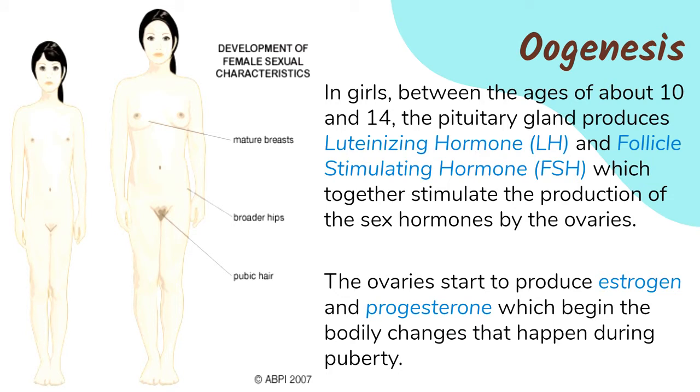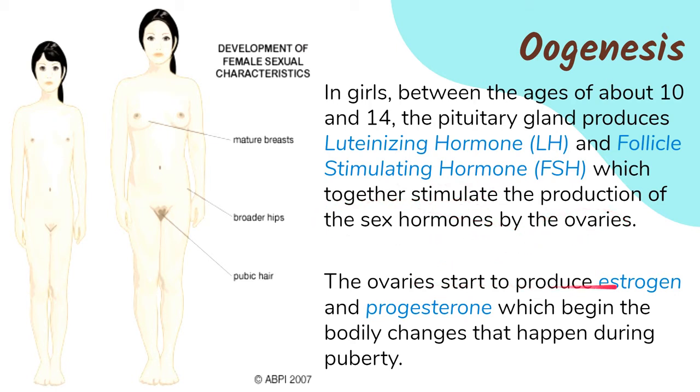Oogenesis is the female version of spermatogenesis. Same as in males, it's also during puberty that the process of oogenesis further happens. Together with the hormones luteinizing hormone and follicle stimulating hormone, they stimulate the production of sex hormones by the ovaries.